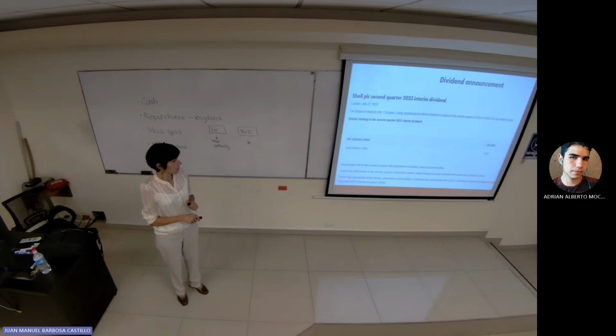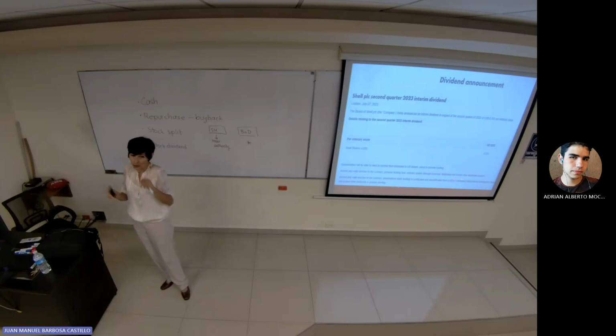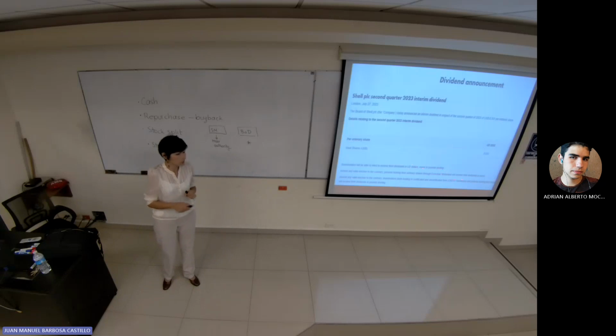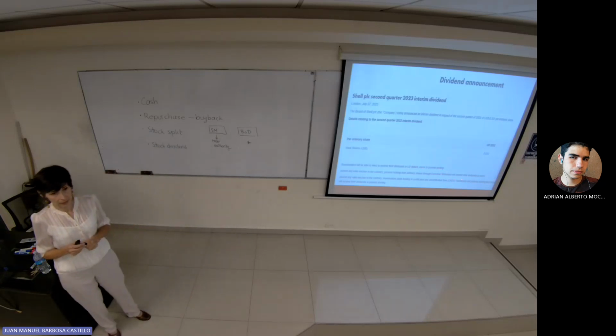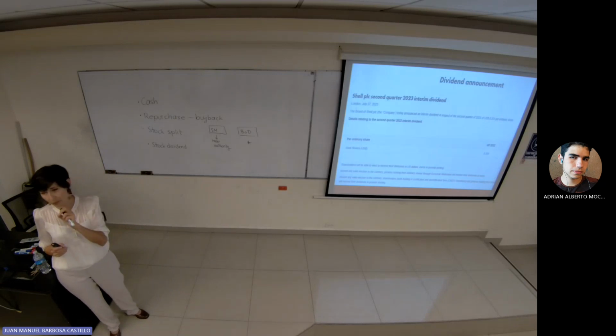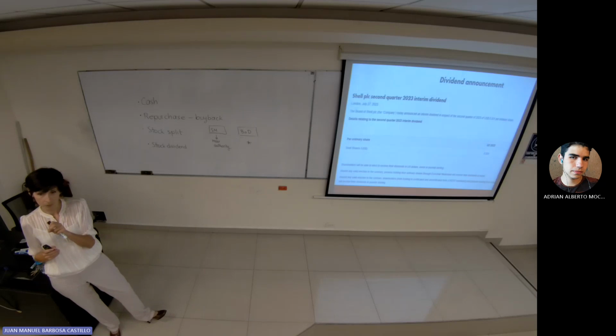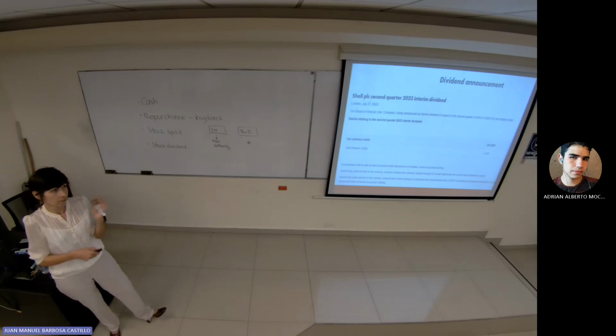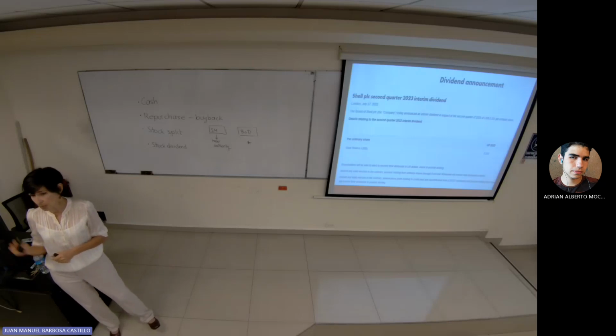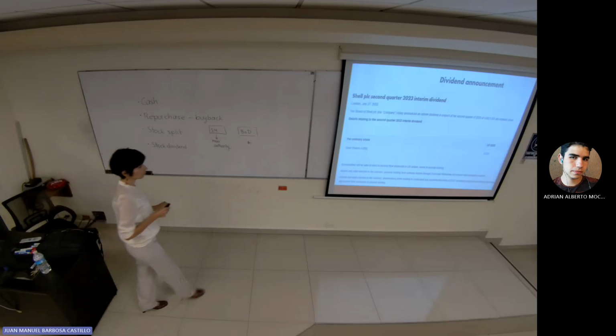Absent any valid election to the contrary, shareholders holding their shares through the London exchange will receive their dividends in pounds sterling. Or you may elect to receive in dollars, but you have to tell them explicitly. They will give you a date and a channel so that you can let them know. If you do not respond, then depending on the exchange where you bought the shares, you will get euros or pounds sterling.